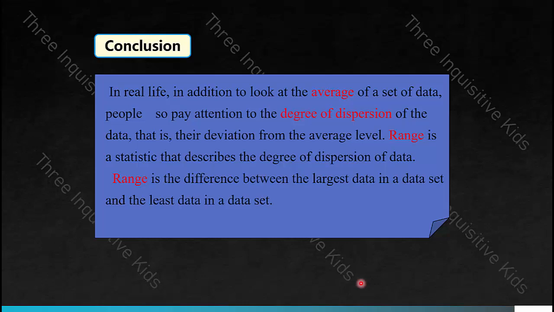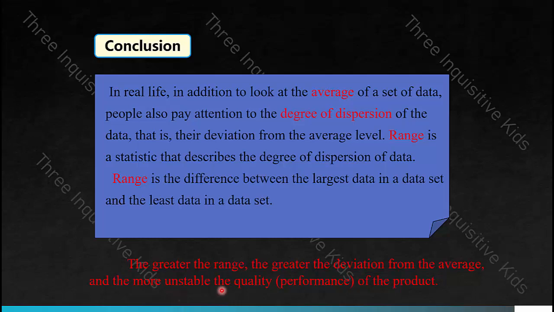Range is the difference between the largest data in a data set and the least data in a data set. The greater the range, the greater the deviation from the average, and the more unstable. So this is another key word, unstable. Words such as stable, unstable, consistent, inconsistent are all important keywords. So the more unstable the quality of the product.